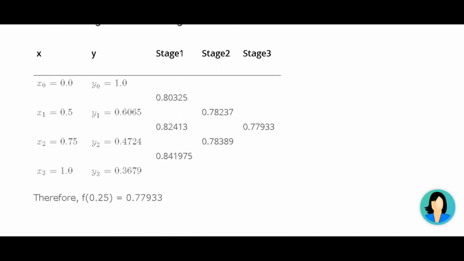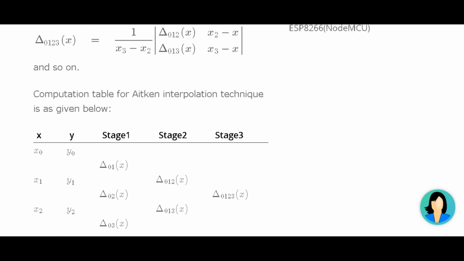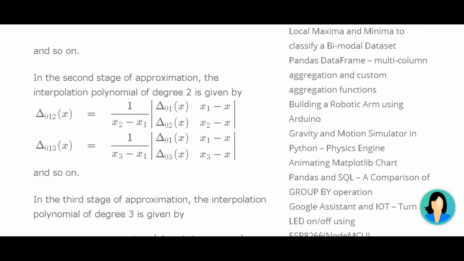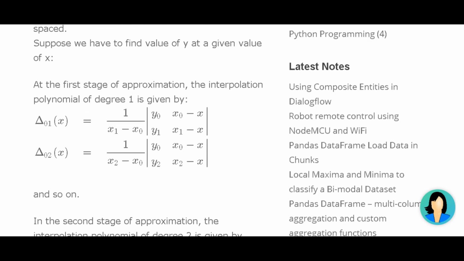So we'll keep on calculating the values of delta 01, delta 02, delta 03, and these are nothing but my determinants only. We define delta 01 as 1 upon x1 minus x0.